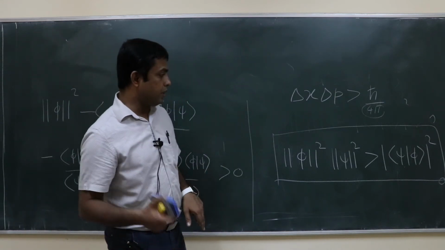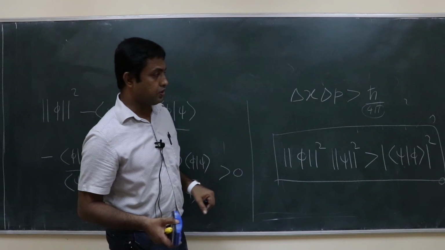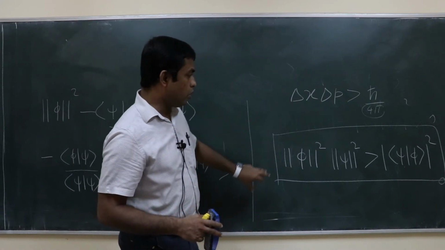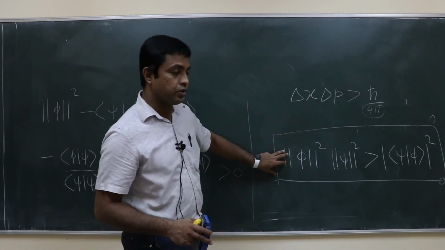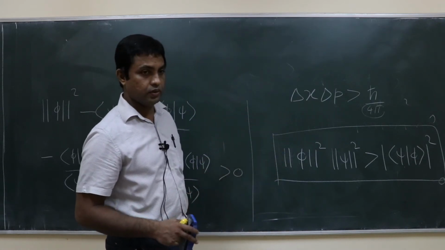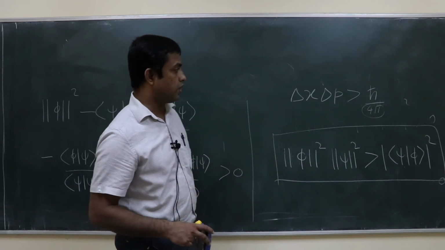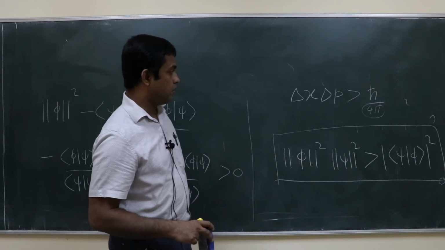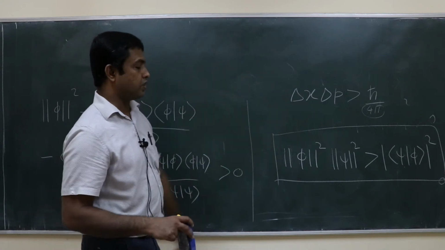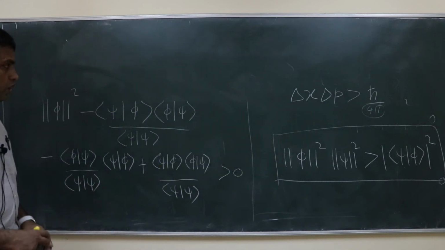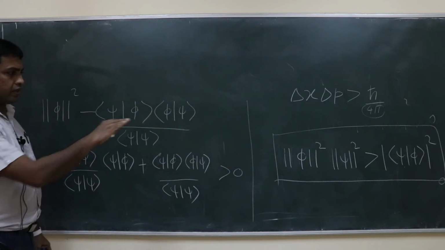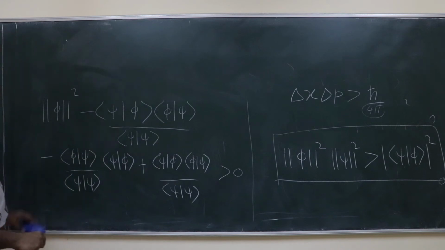The PhD students may already know these things. To derive this, you basically use this Cauchy-Schwarz inequality. So that is the importance of this inequality. To derive it, you have to understand more about operators and all, so I will not get into that now, but understand that this is a very important inequality.